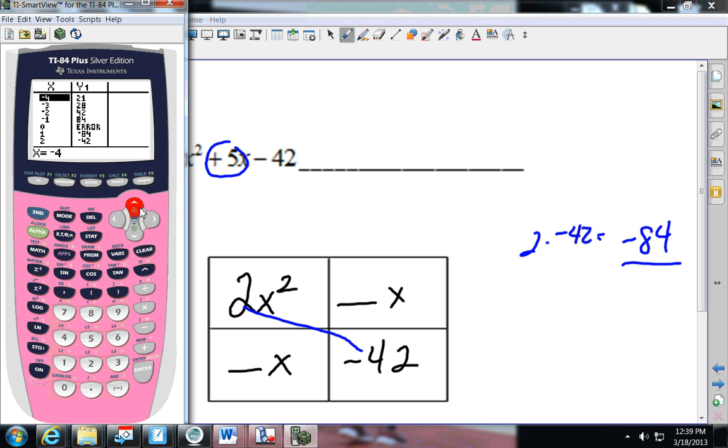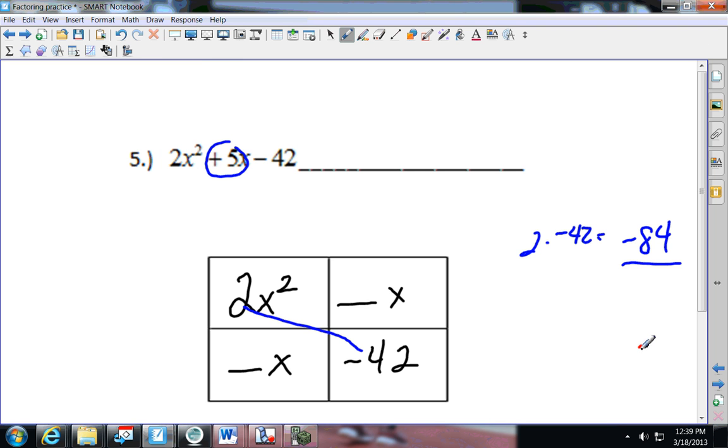What is that? 21 and 4, that's positive 17. What about this one? 14 minus 6 is what? 8. Okay, yuck. What about this one? 12 plus negative 7. That one works.